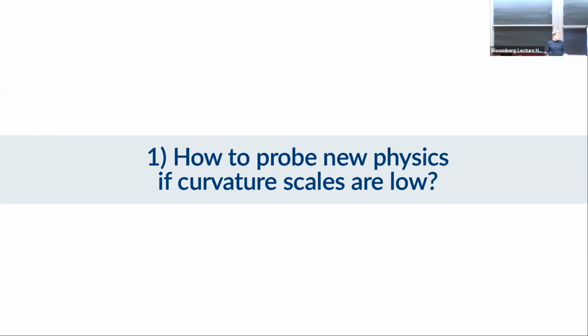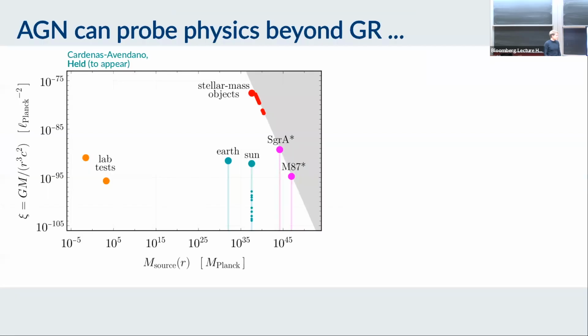So I already said that curvature scales are indeed low, but still that's not the only scale that new physics can enter with, right? So I've made a little plot here, and you see on the y-axis curvature scales. Everything is given in Planck units, so that's why you have tiny numbers here.